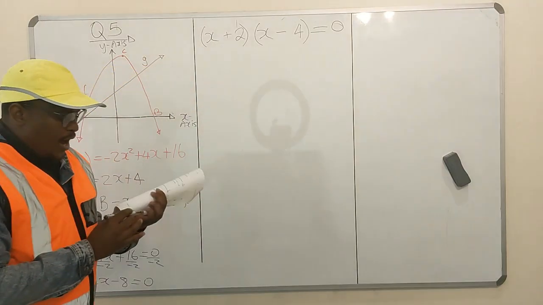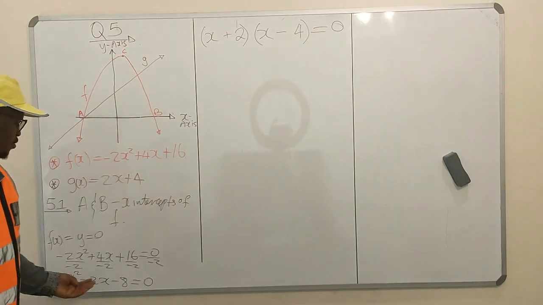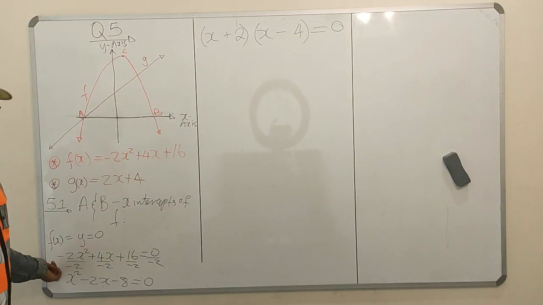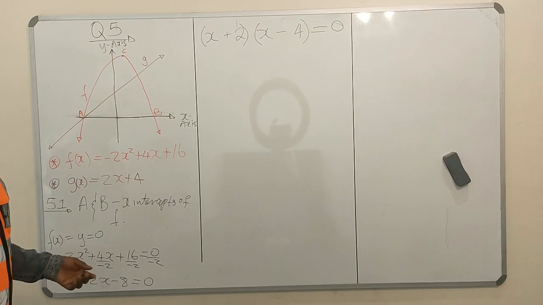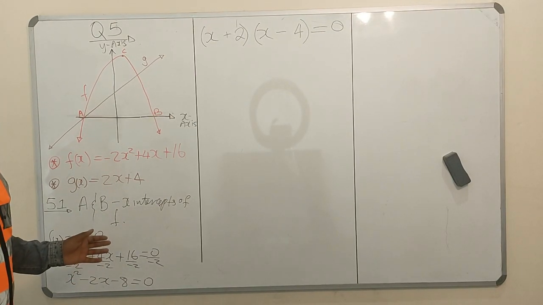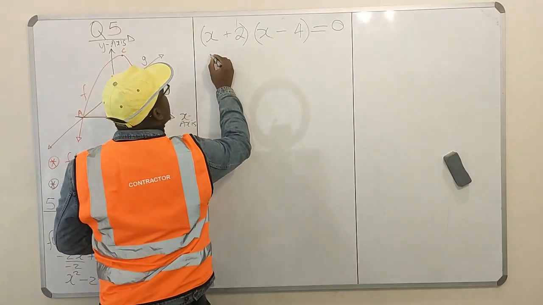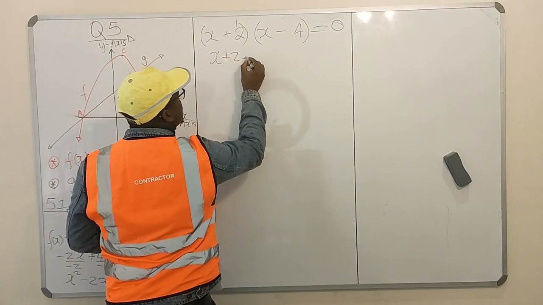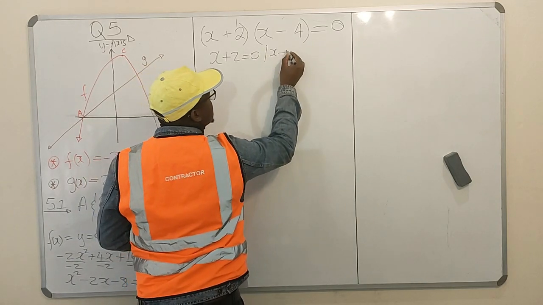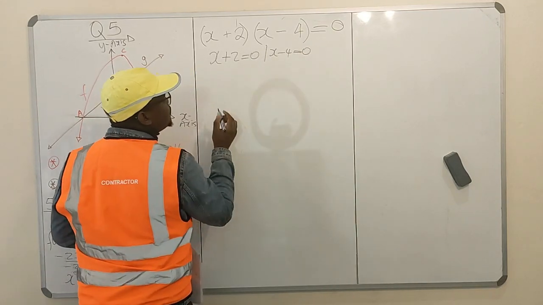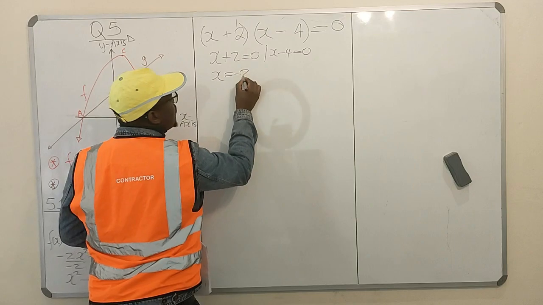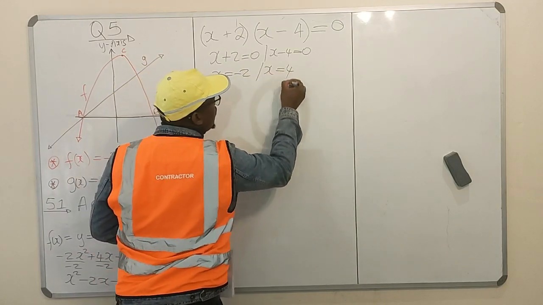If you're not sure about how to factorize, you can always use the quadratic formula from here. The quadratic formula is for someone who's not sure about their factorization. It will always work. So x plus 2 is equal to 0, or x minus 4 is equal to 0. So x is equal to minus 2, or x is equal to 4.